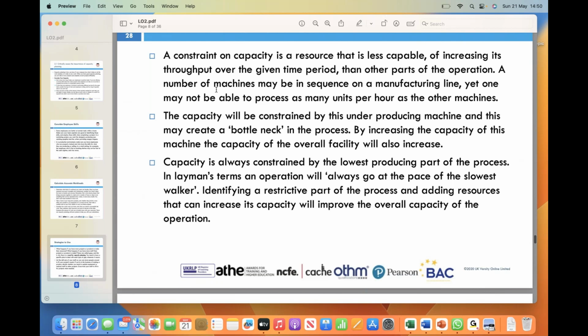To improve the overall capacity, it is crucial to identify the restrictive part of the process, the machine or resource that hampers productivity. By adding additional resources or finding ways to increase the efficiency of that machine, we can boost its capacity and subsequently improve the overall capacity of the operation.